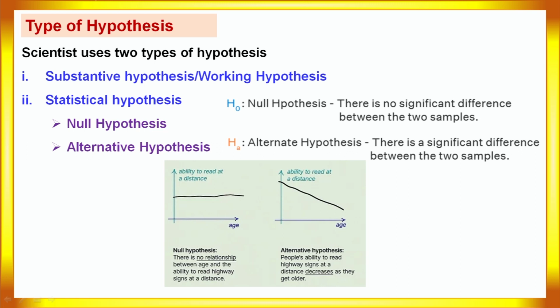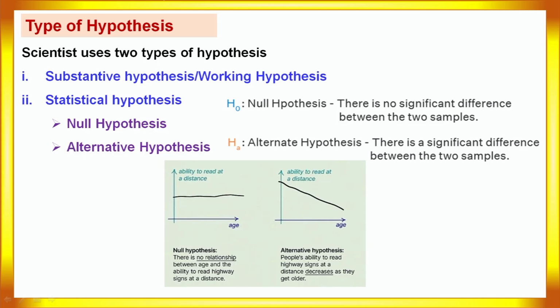So, a researcher always tries to disprove the null hypothesis. When we reject the null hypothesis, we say that a particular hypothesis test is significant. Here I put another example of the null hypothesis and alternate hypothesis.